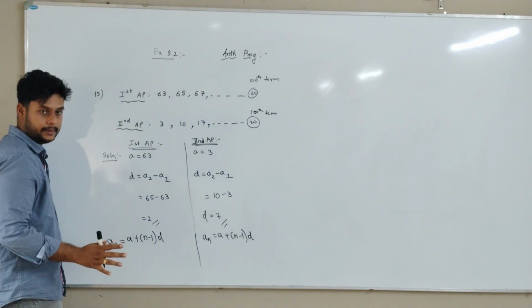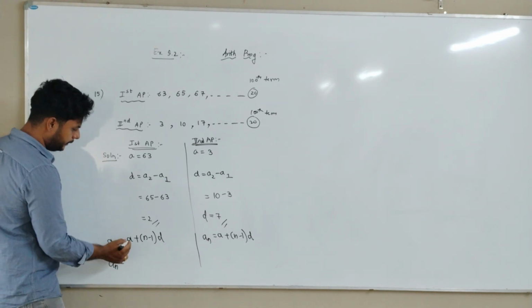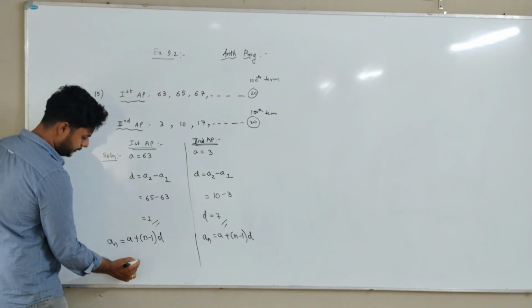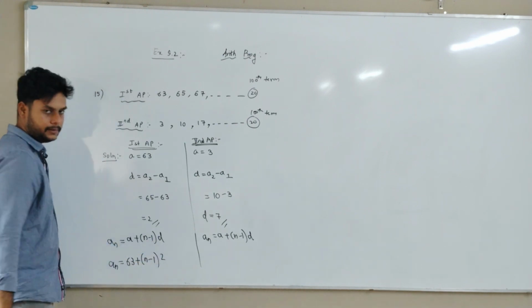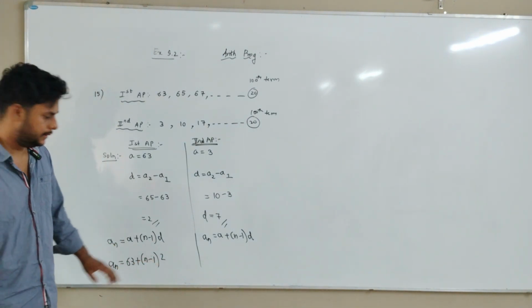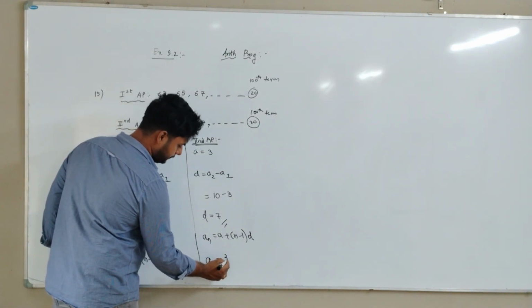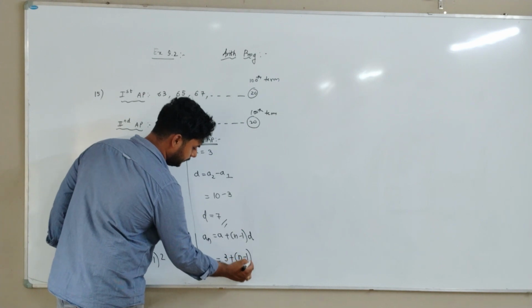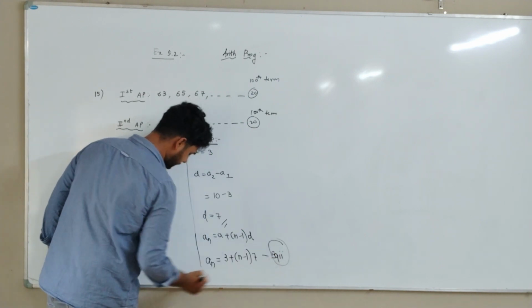I don't know what value it holds, but I know a is 63 plus n I am finding minus 1, d is 2. Similarly here, a is 3 plus n I am finding, n minus 1, d is 7. Equation 1 and equation 2.